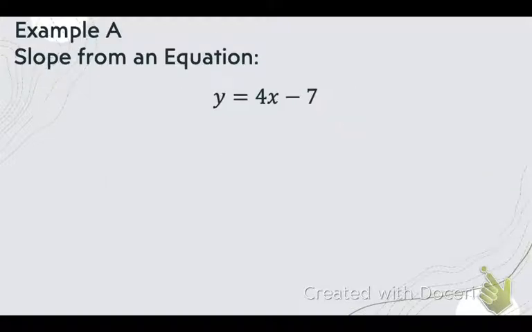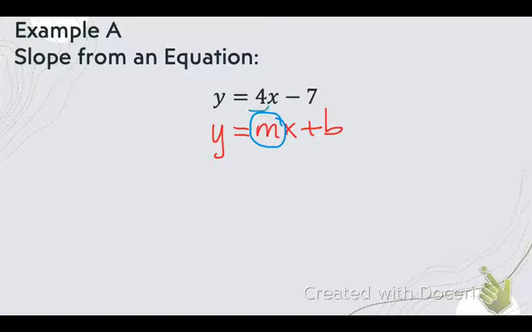So let's look at an example. Example A says slope from an equation. This equation is y equals 4x minus 7. In order to identify the slope, I'm writing down my slope-intercept form, y equals mx plus b. And I'm looking at what is in the place of m in our example.